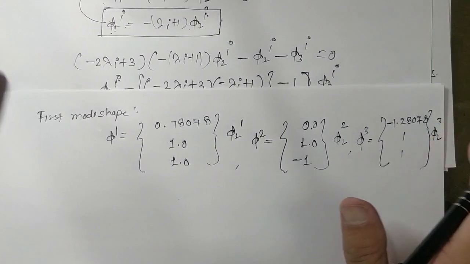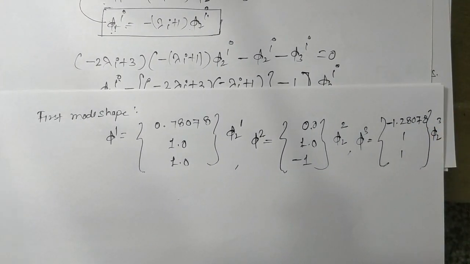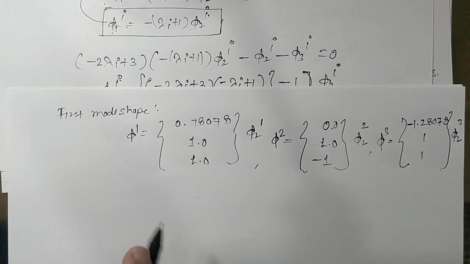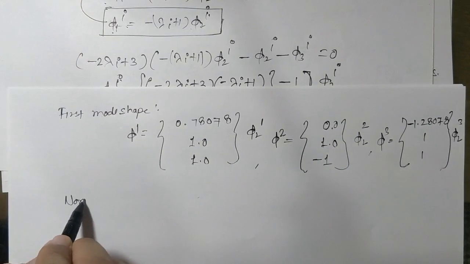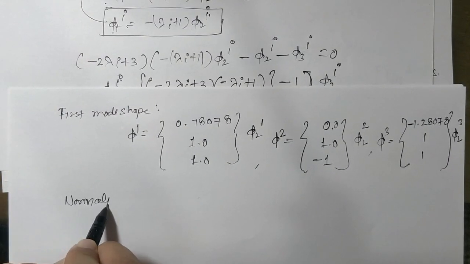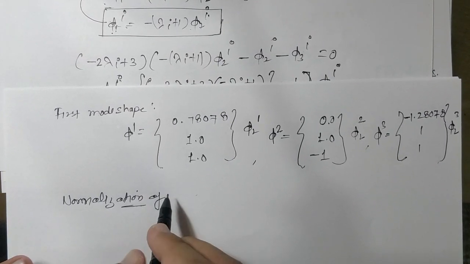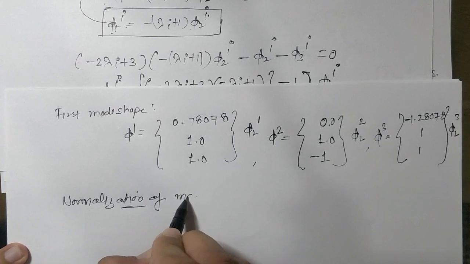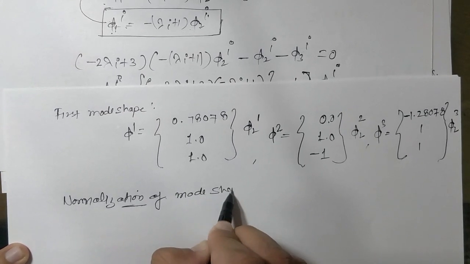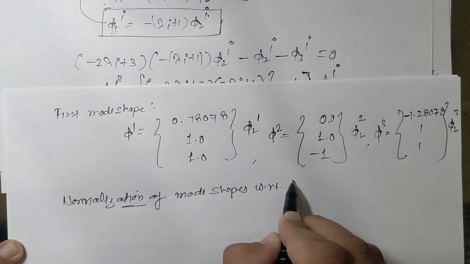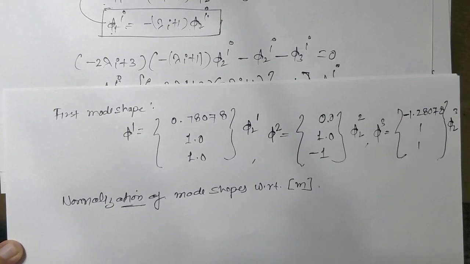So before proceeding to invoke the expansion theorem, we need to normalize these mode shapes. So the next step is normalization of mode shapes with respect to the mass matrix.